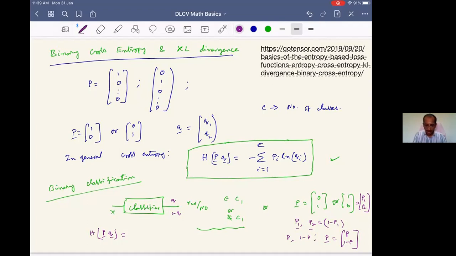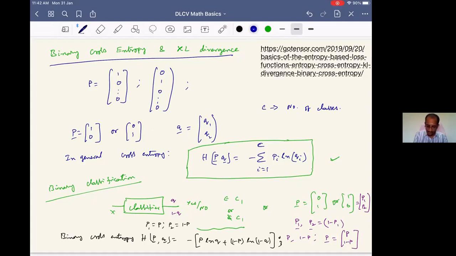So in that case, how do I define the cross entropy now? We have just expanded this. Pi is nothing but small p, and then P1 is nothing but small p, and P2 is nothing but 1 minus p.